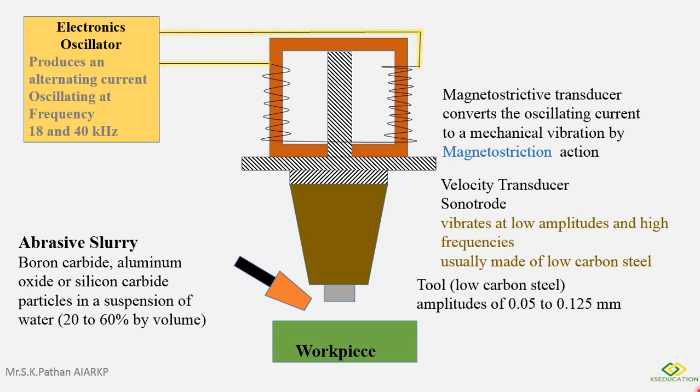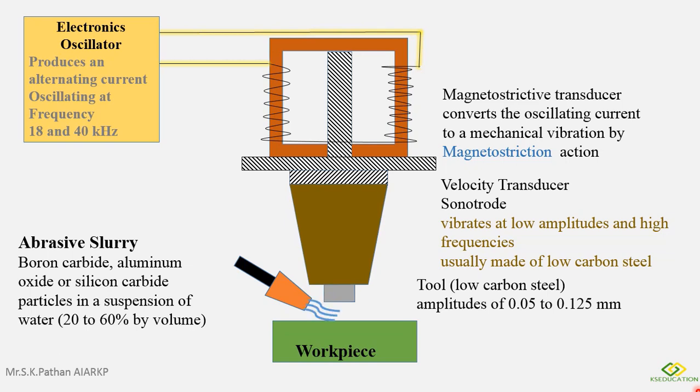When we provide alternating current oscillating at a frequency of 40 to 80 kilohertz to the magnetostrictive transducer, it receives the oscillating current and converts it into mechanical vibration by magnetostriction action, and this vibration passes to the sonotrode, and because of that the sonotrode starts vibrating.